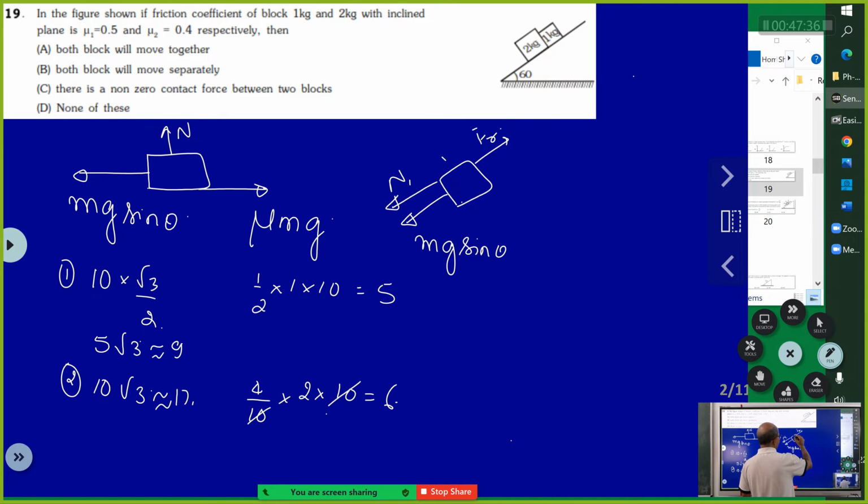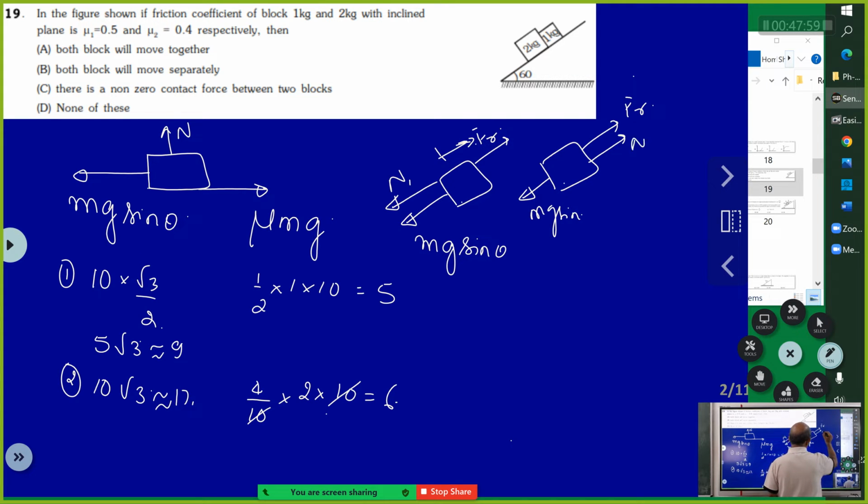Of course, there is a normal force here, but that normal force has been taken up by friction. No issues. And as far as the 1 kg mass is concerned, it will also have mg sin theta acting, and this will also have friction. And this normal, this is the normal for 1 to 2, and there will be the same normal. I suppose you understood the free body diagram.